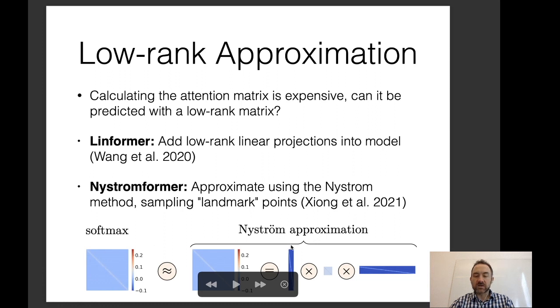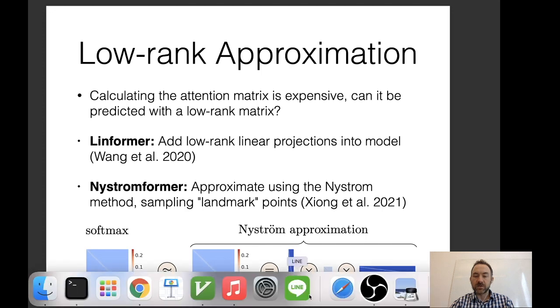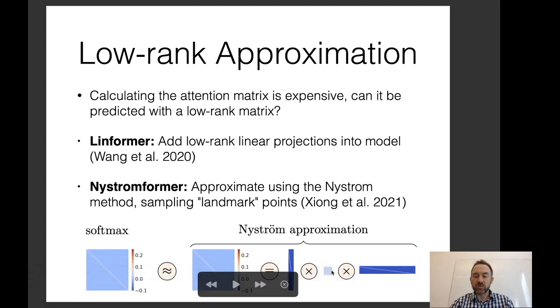Instead, you calculate it with a tall matrix multiplied by a square matrix multiplied by a wide matrix. And each of these matrix multiplications is a lot less expensive than expanding the full matrix here.